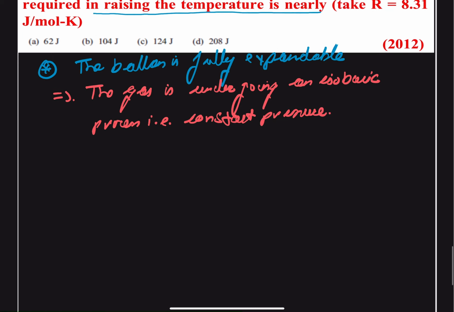So therefore we are going to find out the heat using the heat capacity at constant pressure.